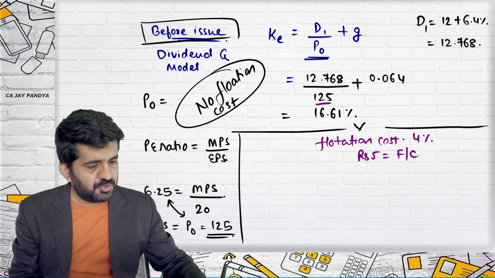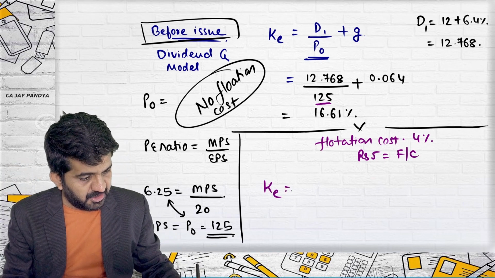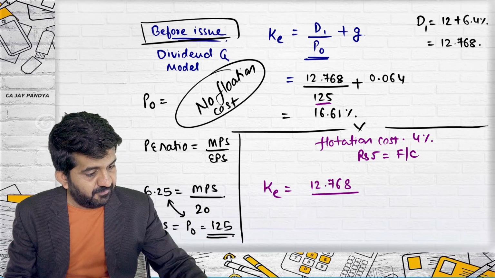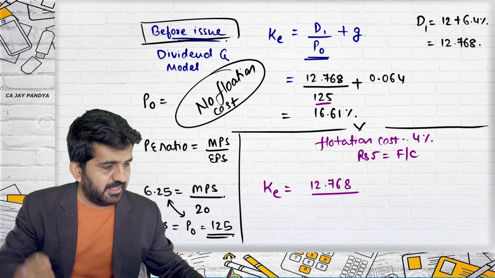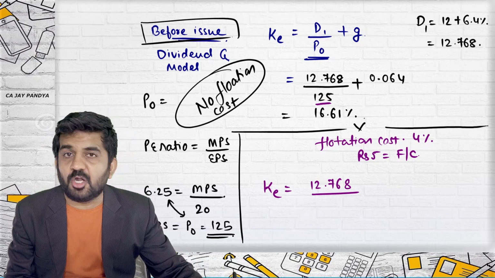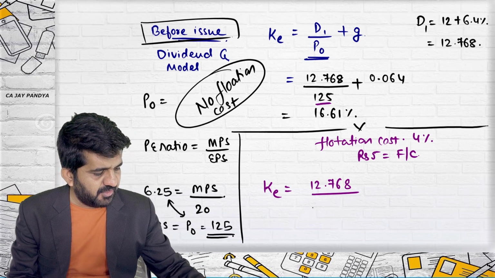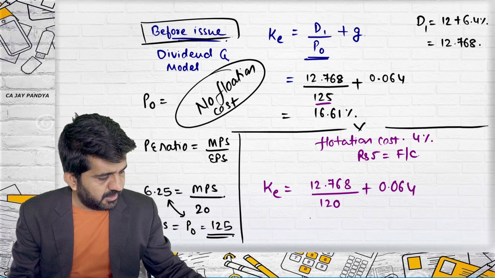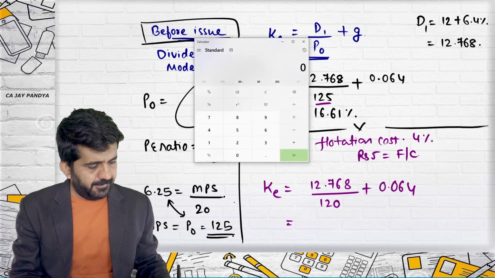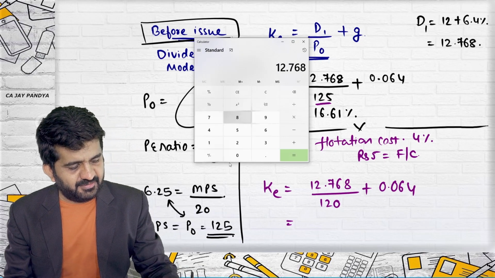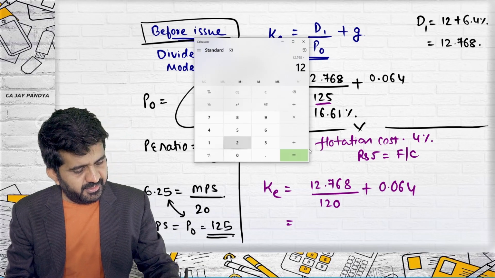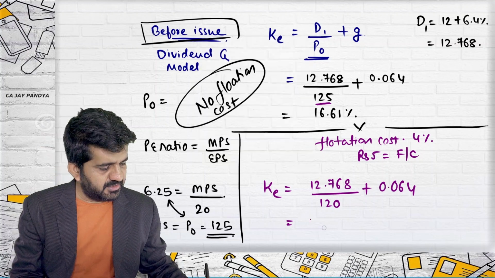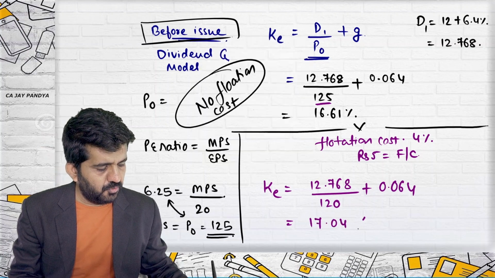In that case, my cost of equity will change. It will be 12.768 divided by P0, net of flotation cost. It will not be 125, it will be 125 minus 5, that is 120, plus 0.064. This is 12.768 divided by 120 plus 0.064. It is 17.04.